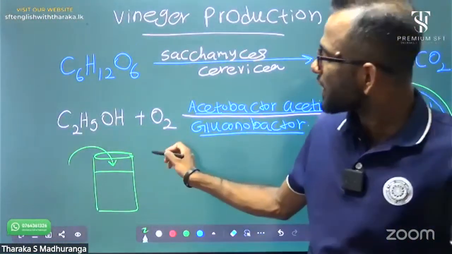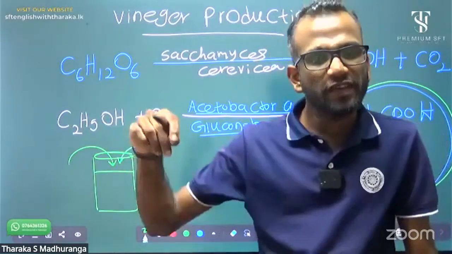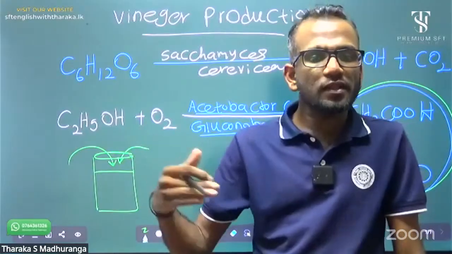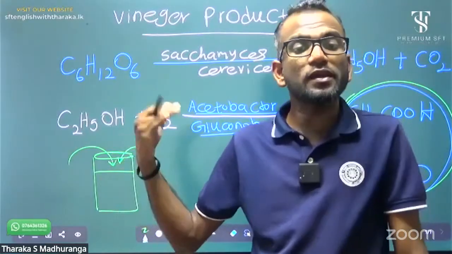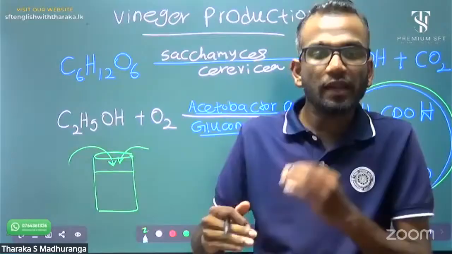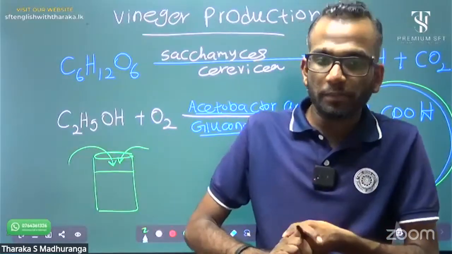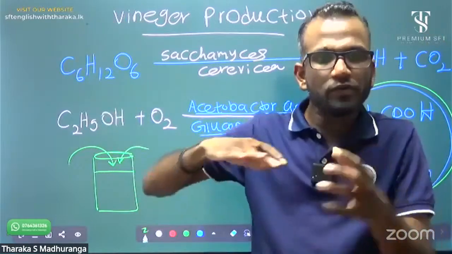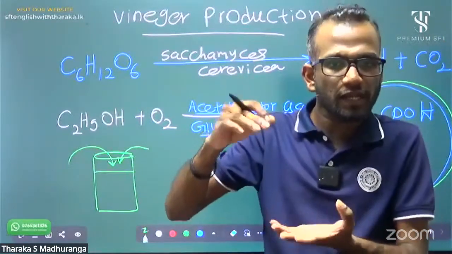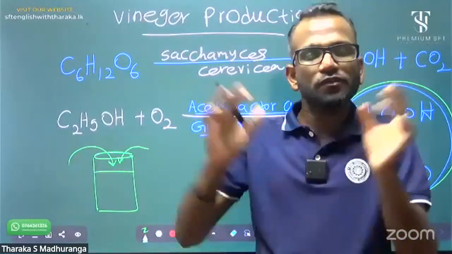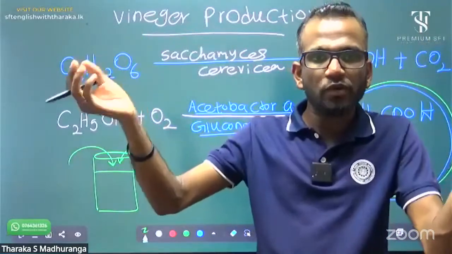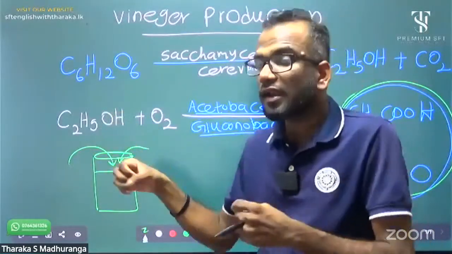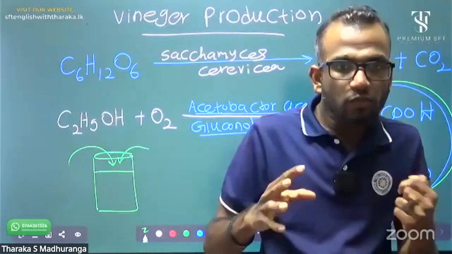It is better if you can add a very small amount of yeast, so the fermentation process will be rapid. If not, environmental microorganisms will grow because it is a nutrition media, a sucrose media, a substrate for microorganisms.